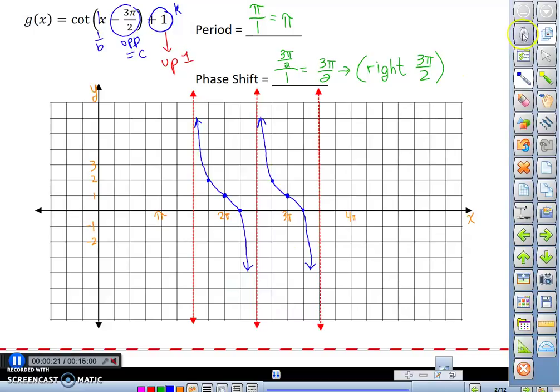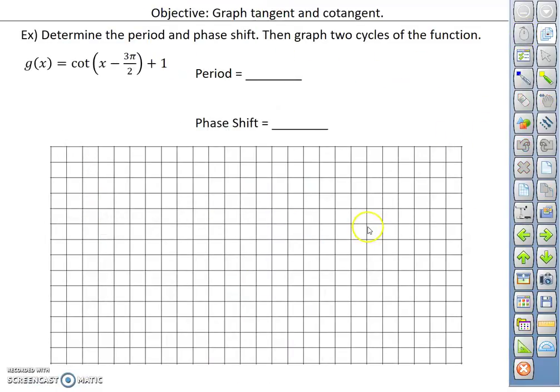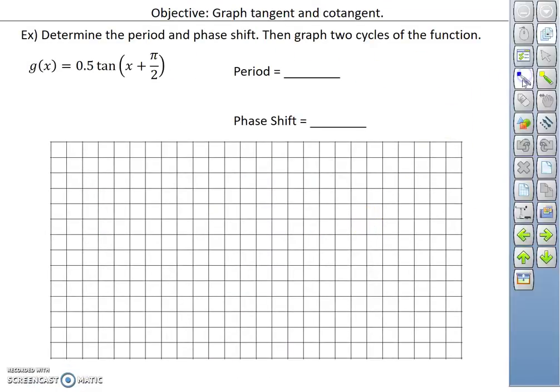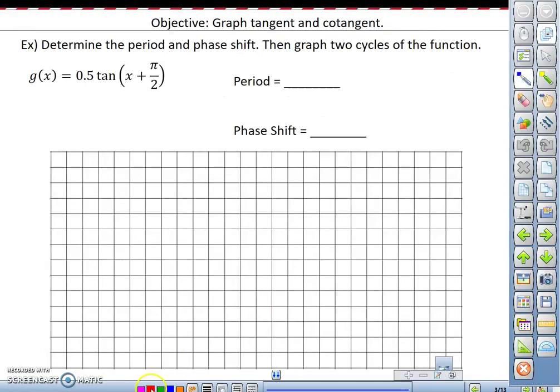All right, moving on to the fourth example. So here, in this particular one, we actually have an A value of 0.5. Now that doesn't create what we call an amplitude, but it is going to create a vertical compression by that factor of 1/2.